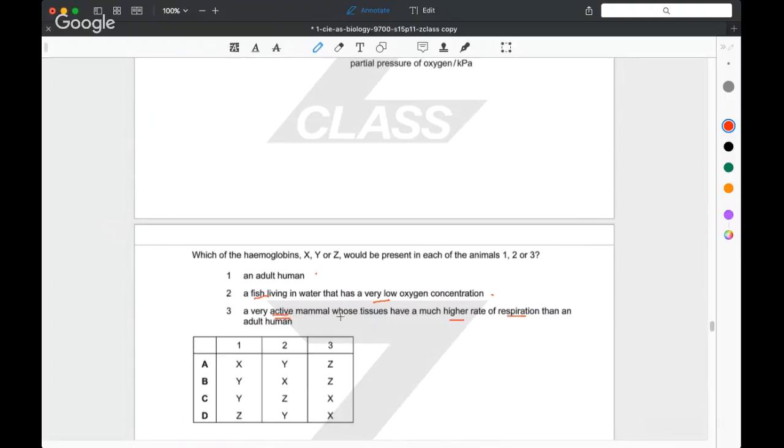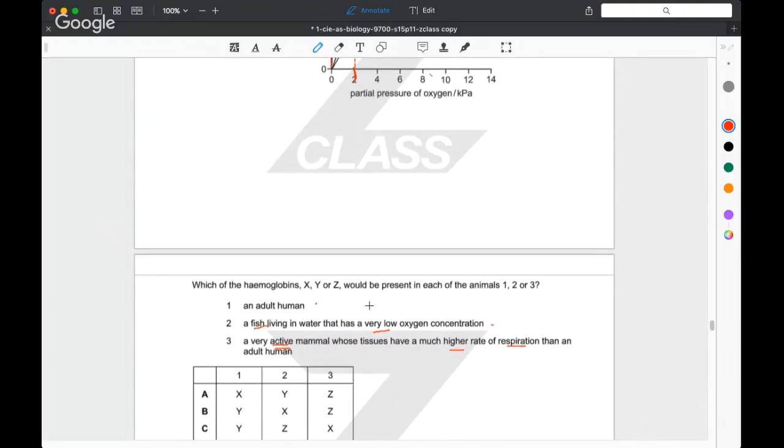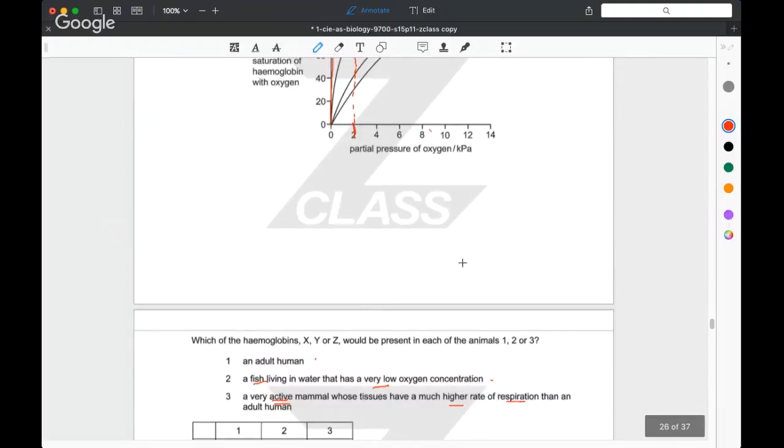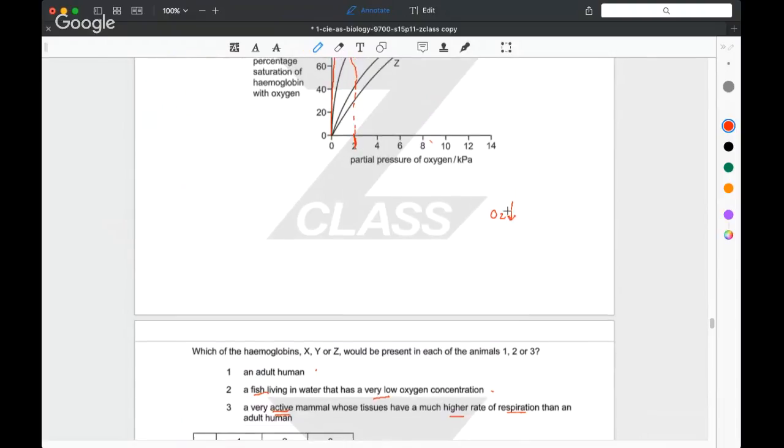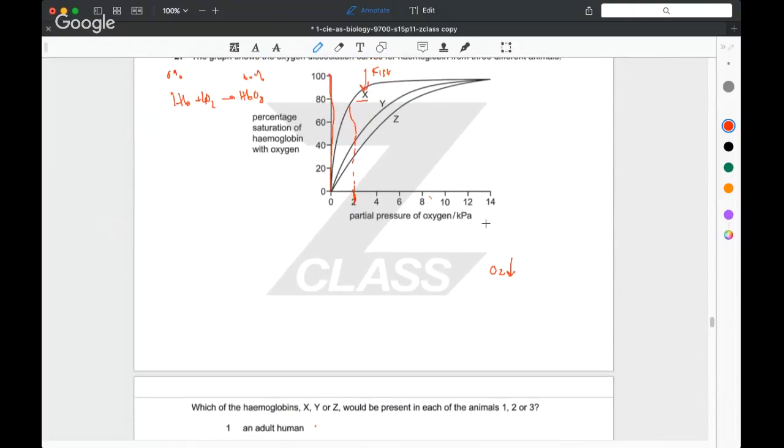And so in its cells, there's a very high rate of respiration. And that means that in the cells, a high rate of respiration will mean that the oxygen concentration, again, is going to be low because oxygen is being used up by the very high rate of respiration. So we want to see then a hemoglobin that releases oxygen when the concentration of oxygen is low, which is the opposite case to the fish, isn't it?